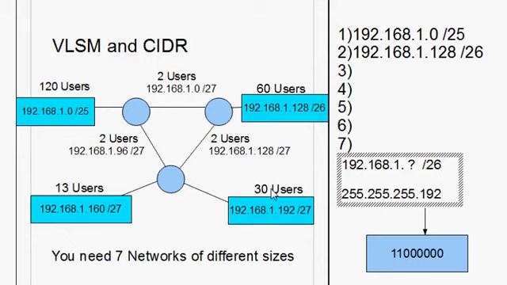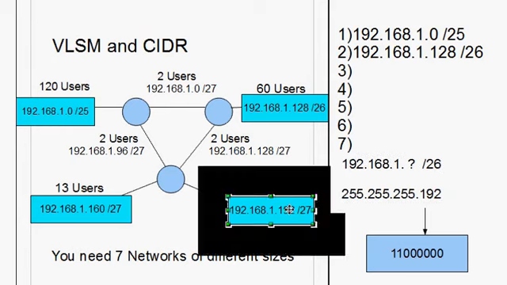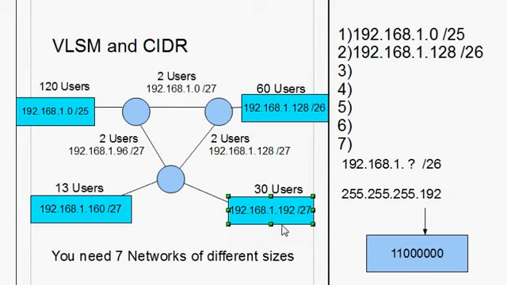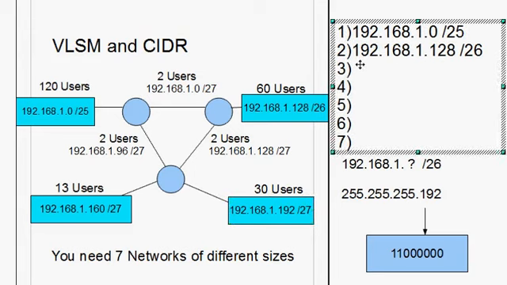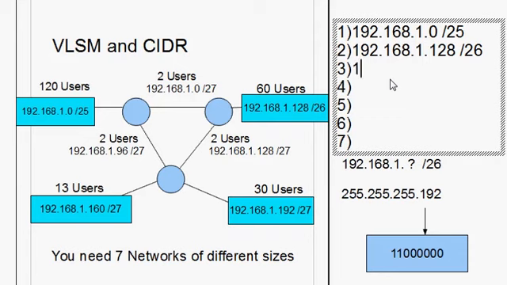The next one I'll go to will be the next highest one, 30 users, and that network will start at 192, just like it says right there, and it will actually be /27. Okay, so that'll be 192.168.1.192/27.